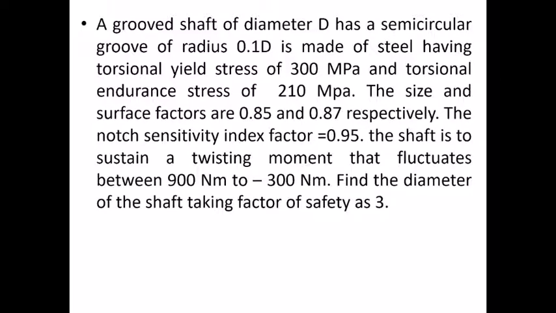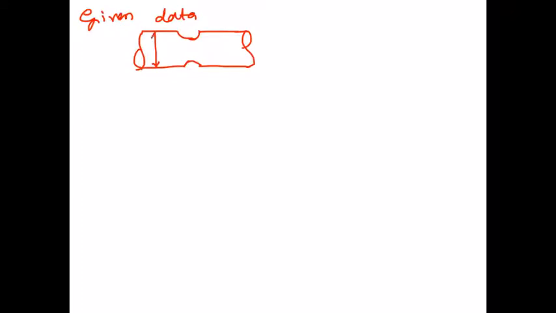So now let us draw the diagram here. Given data, it is a shaft which has a diameter capital D, which has a groove of radius r equal to 0.1 d.